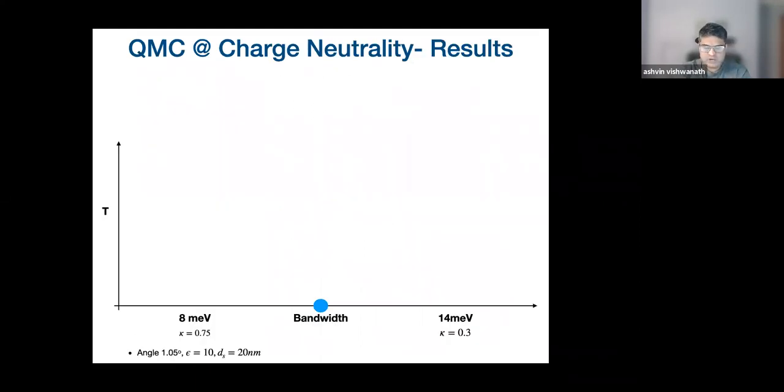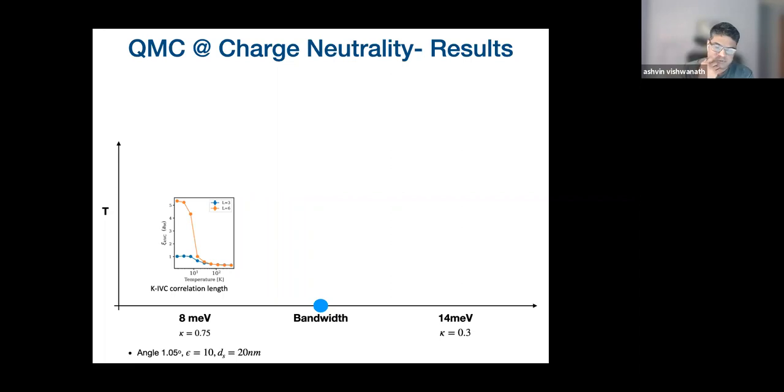We did a couple of cases here with different bandwidths. That's the x-axis. This is our estimate of what the realistic model is at, this bandwidth over here, and we also did another case with a somewhat larger bandwidth. What we found is that for this particular smaller bandwidth, the ground state is ordered.